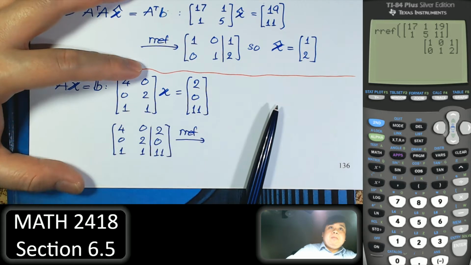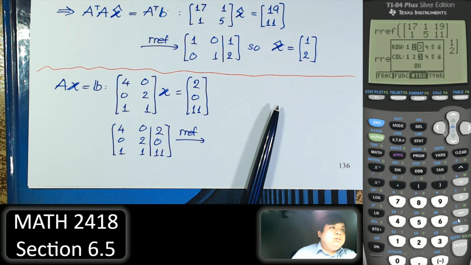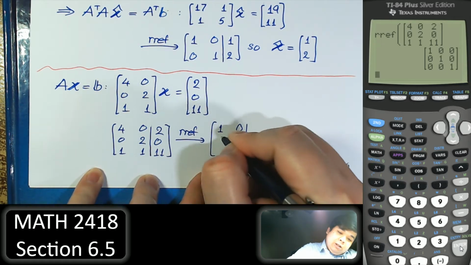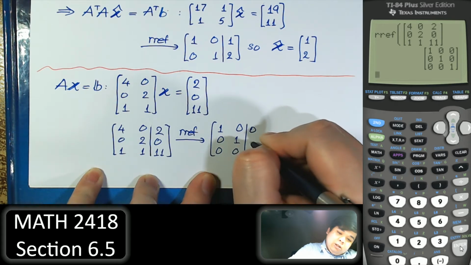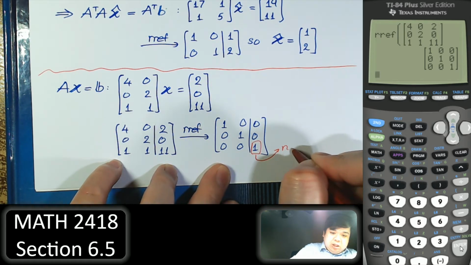Reduced row echelon form. Because we have the pivot on the last column, there is no solution.